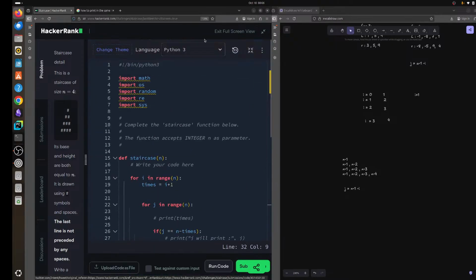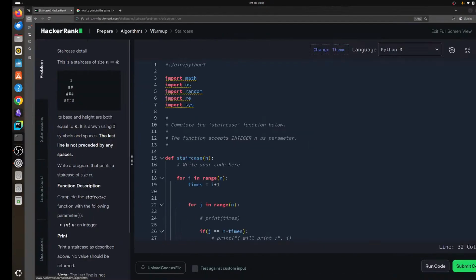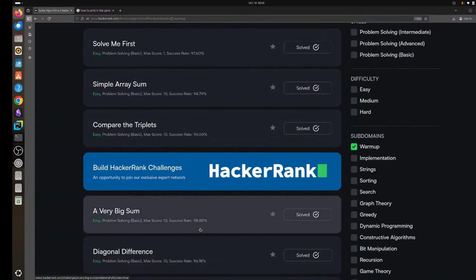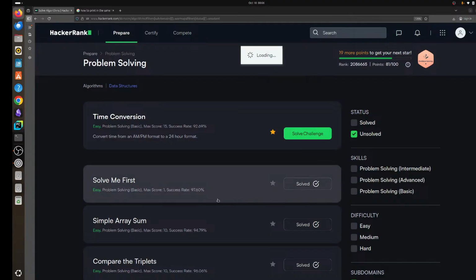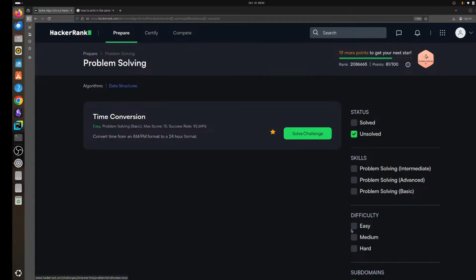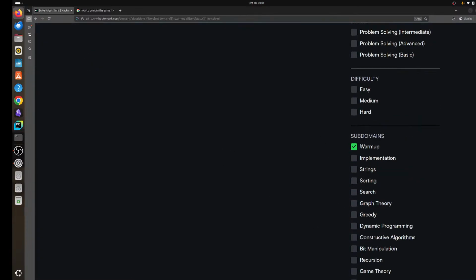I think we completed this. Let's go to this warm up part. Okay, I think only one is unsolved, and we put a star on it because obviously later we want to solve this problem. Let's check the implementation now.